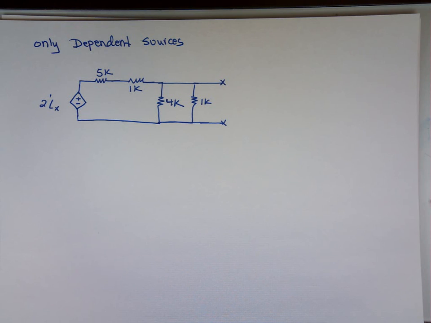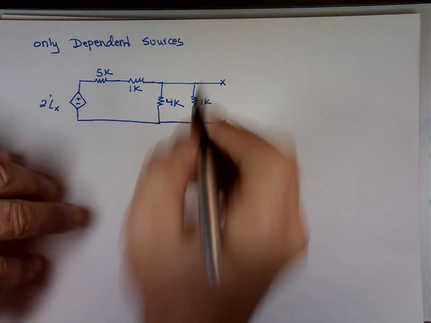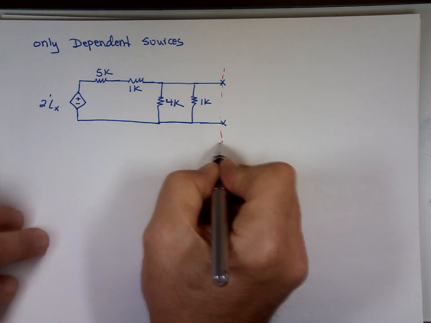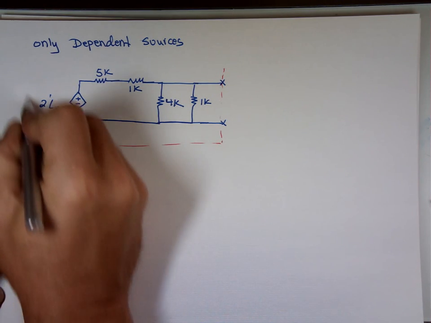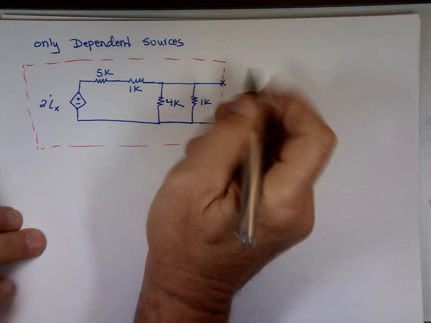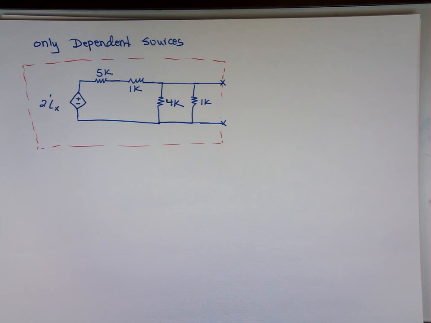So let me simplify this piece of the problem. If I take this and try to simplify it, notice I only have dependent sources. So there is no V open circuit, there is no I short circuit for this. There's 0 and 0.